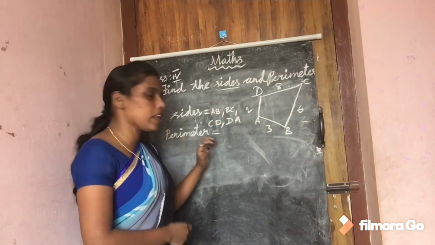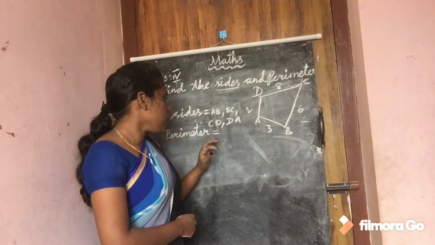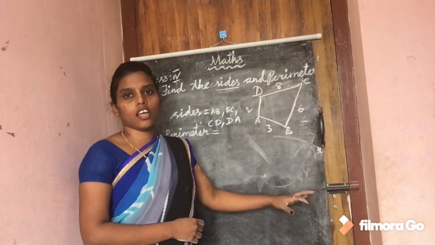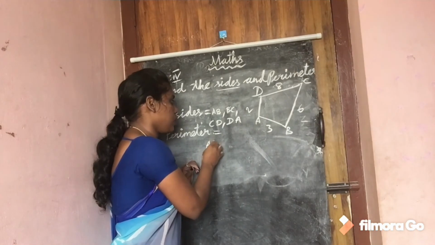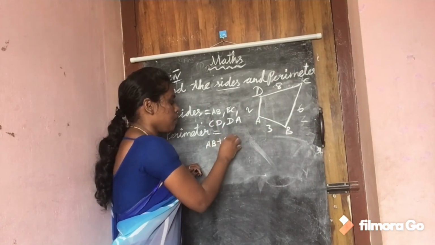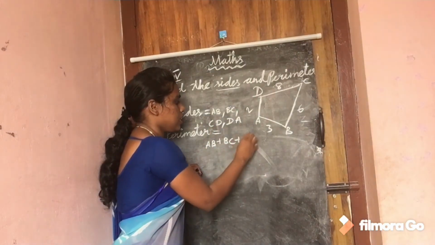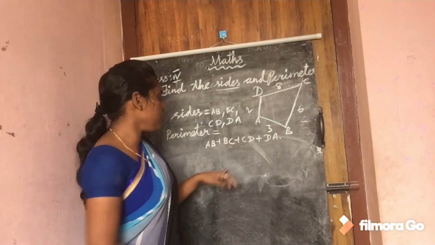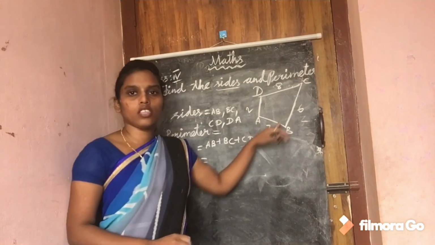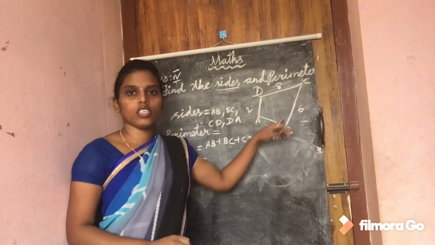Okay. Now what is perimeter? As I said, you have to add the sides of a figure. Here we have 4 sides, so you have to add 4 sides. AB plus BC plus CD plus DA. Okay. So we have 4 different sides.